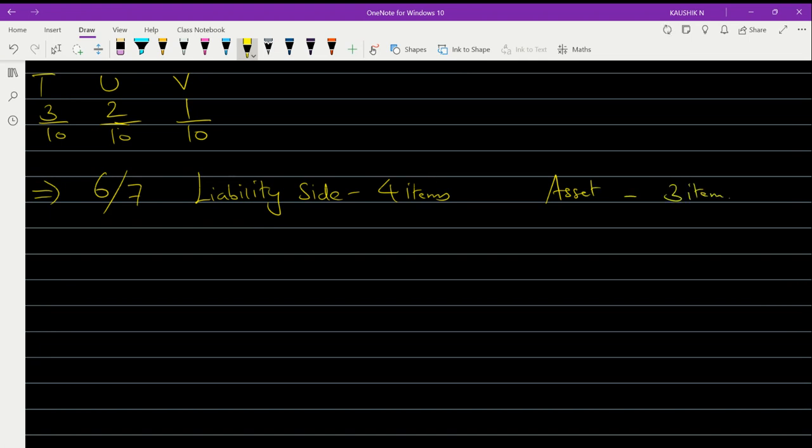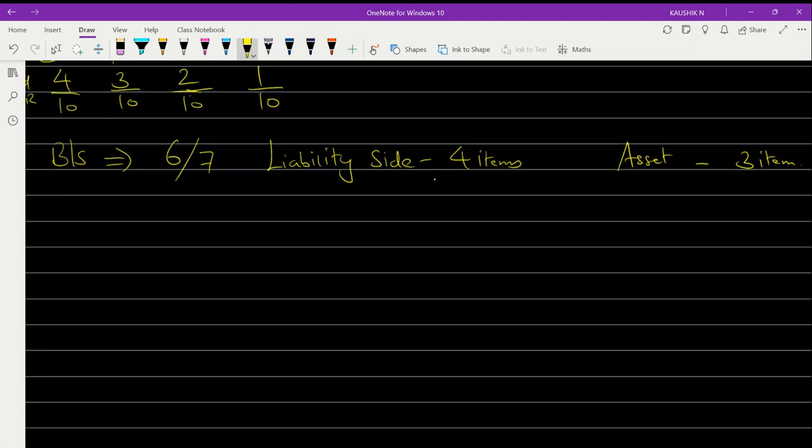So altogether seven. What are those items? On the liability side, the first item can be your general reserve. The second item is your WCR. The third item is your IFR.